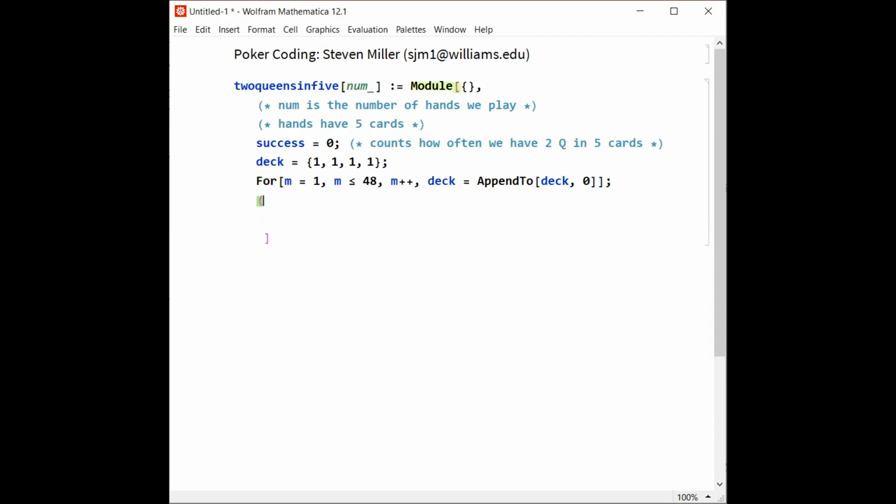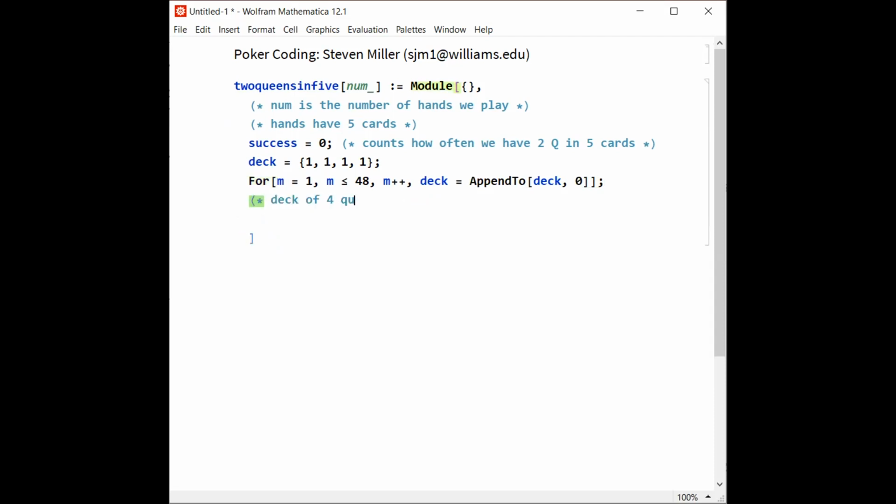So deck of 48 non-queens. Now, what's nice is this is going to be ideally suited for the problem we're studying, right? I don't care about anything else. Now, if all of a sudden after this I want to tweak, then it's not going to be as good.